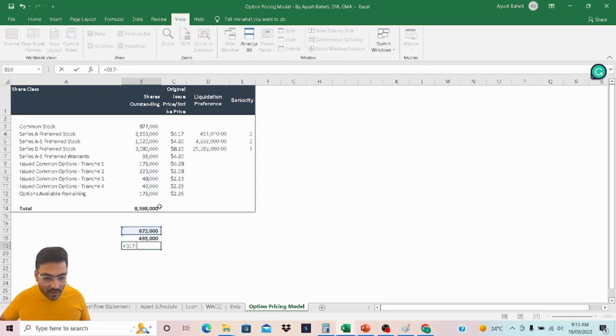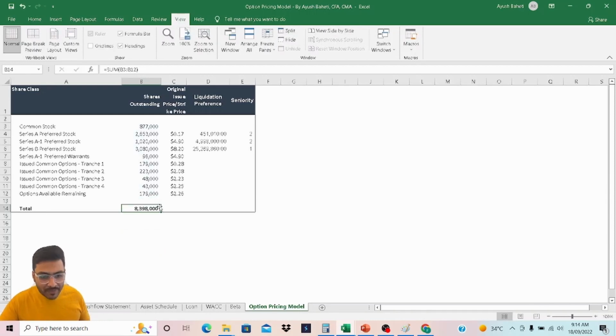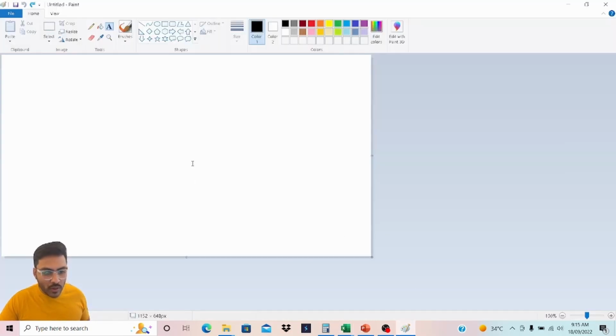What is remaining is this 179, which is the option pool available. So this is the capital structure of the company. Other important information is the seniority. In the case of liquidation of a company, Series B preferred stock has priority, followed by Series A1 and A.